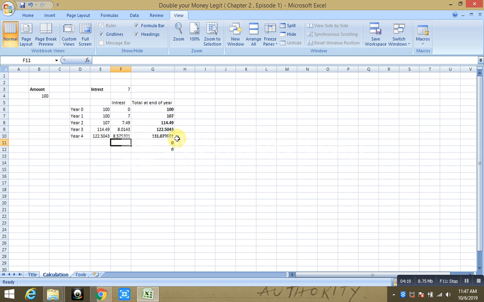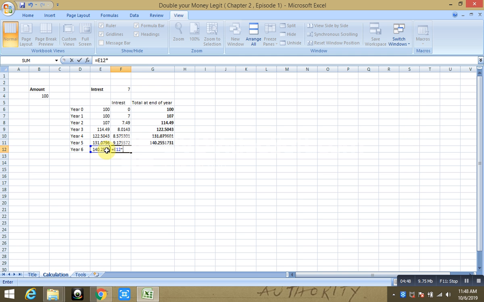We take this $131, and at end of year 5 we will have $140. So to begin year 6 we have $140, and if we take 7% interest on it, we have $150 at end of year 6.